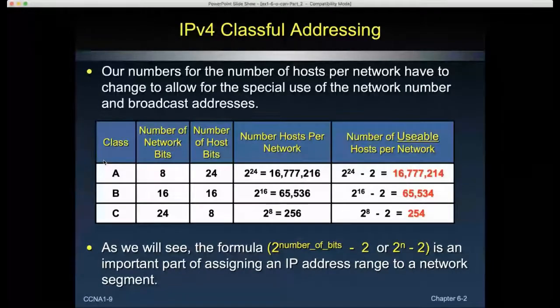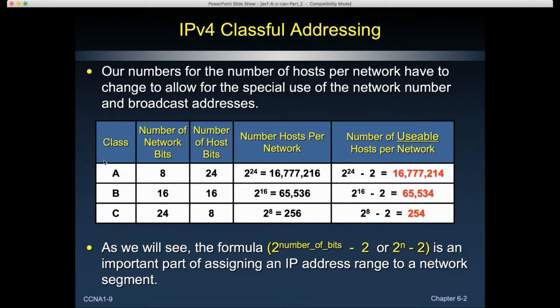So our general formula is, however many bits we have in the host portion, we lose 2 of those. If we have 8 bits, 2 to the power of 8 is 256 minus 2, we have 254 addresses. If it's a huge network like a Class A network, there are 24 host bits because it's designed for really large networks. I have 16,777,216 possible numbers.